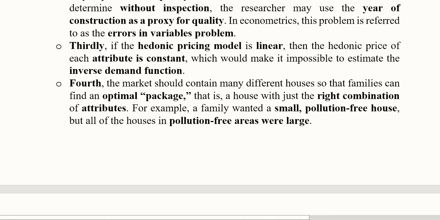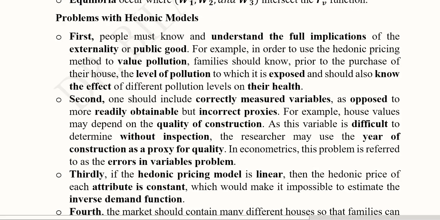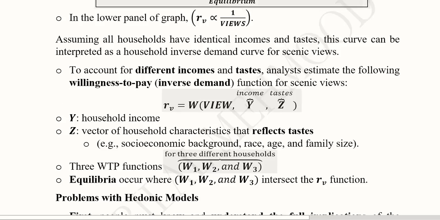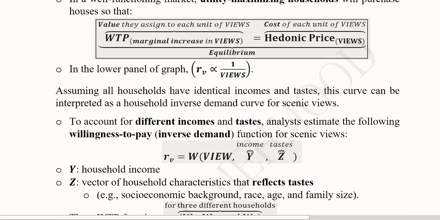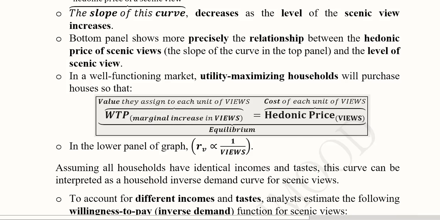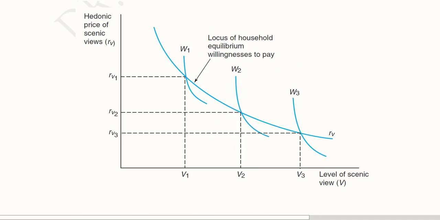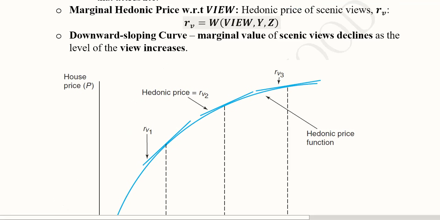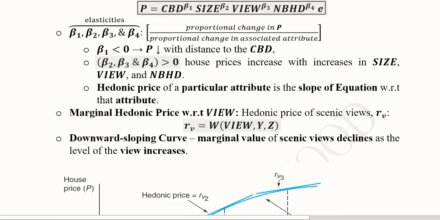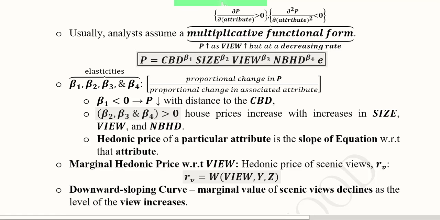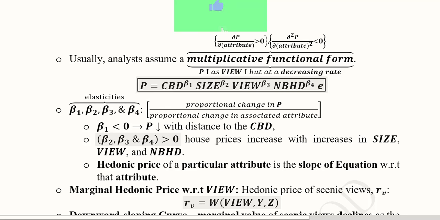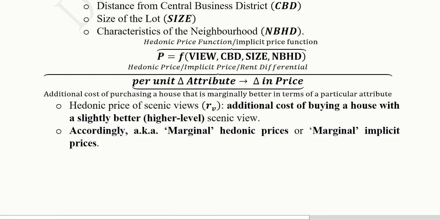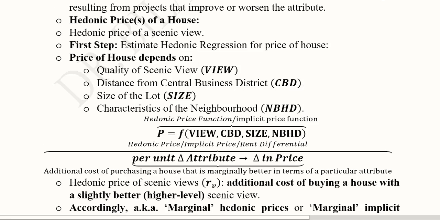This is a set of limitations of the hedonic pricing method, and this was the explanation of those diagrams, the equilibrium condition, and these were the two panels of the diagrams. And then this is the model that we developed, a multiplicative functional form, and this was the hedonic pricing function.